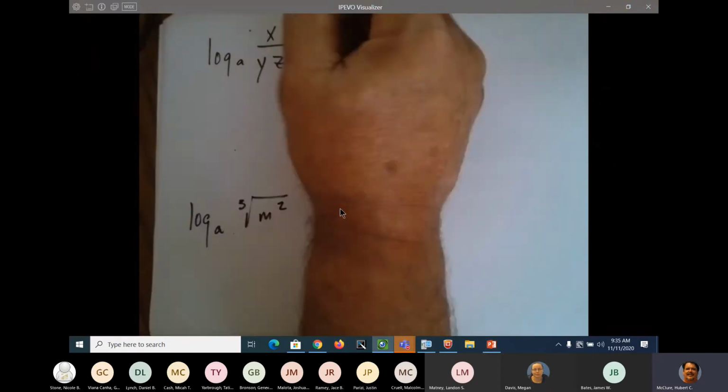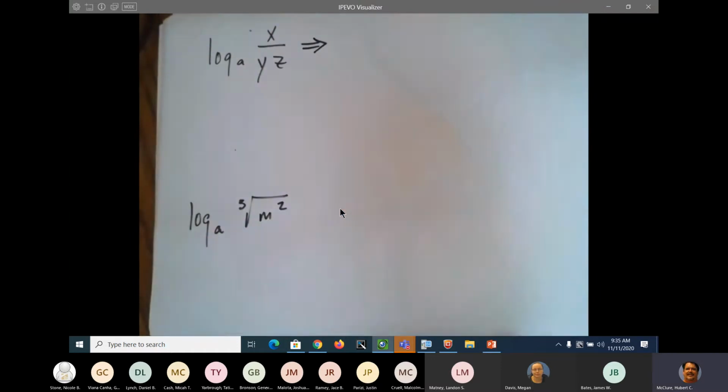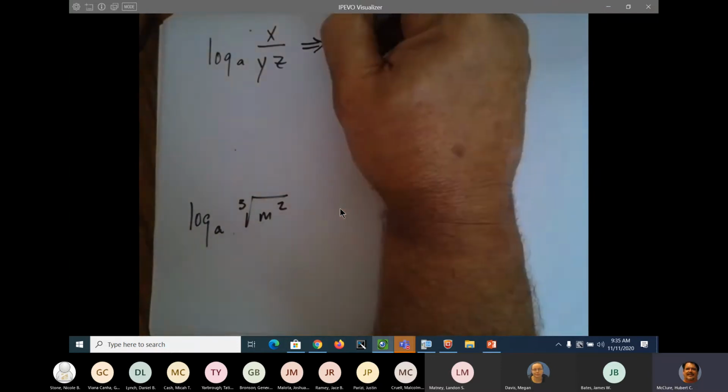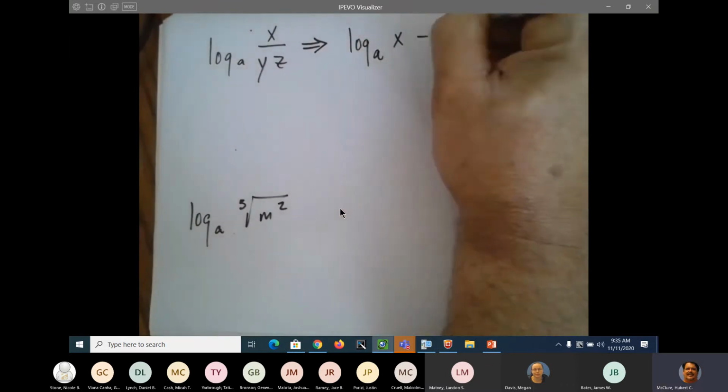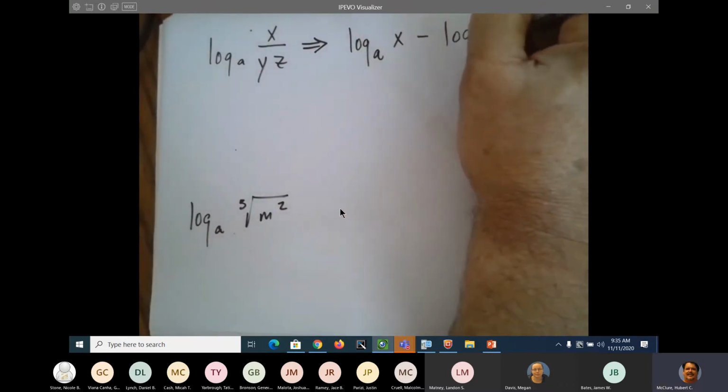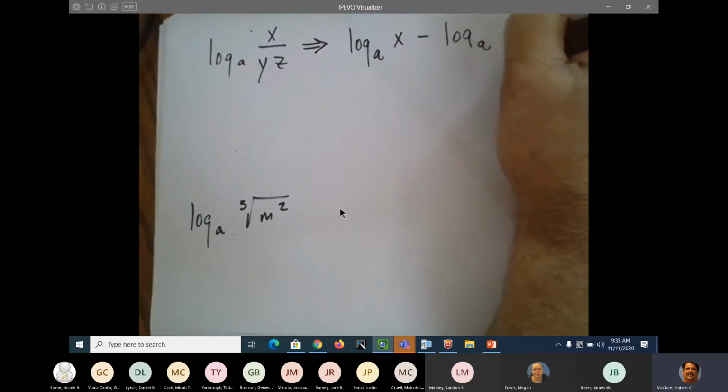So this one, by using the quotient rule, is log base A of x minus log base A of yz.